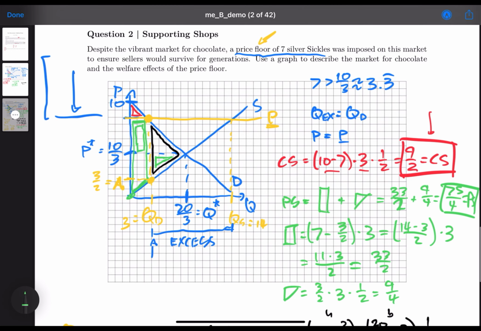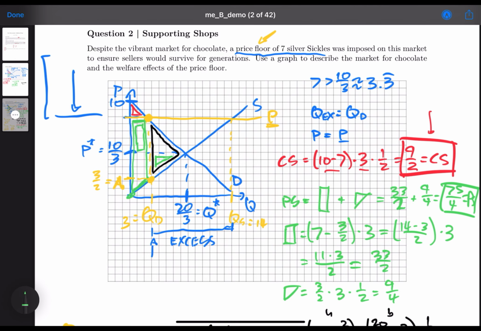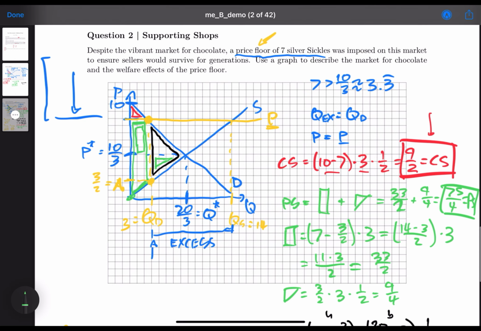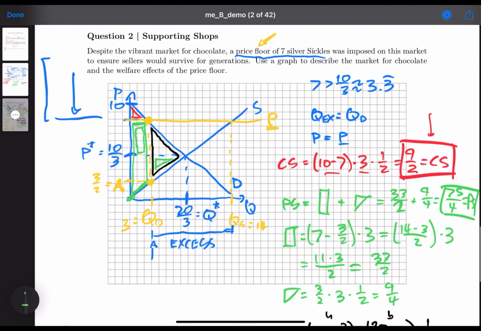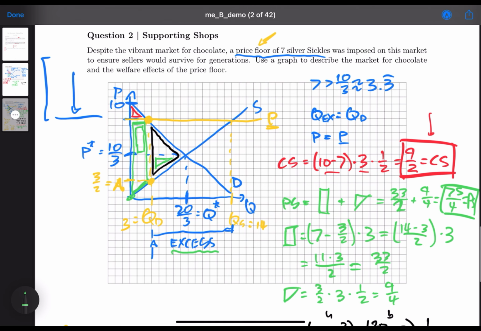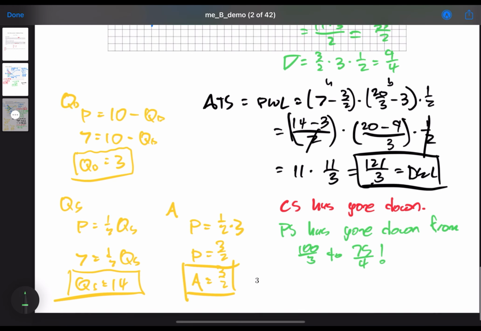But what this policy has actually done, even though the price that sellers are receiving is higher than it was before, is that they're actually receiving a smaller total surplus, or a smaller producer surplus. So each item they're selling is sort of a better deal for sellers. But because they're not able to sell as much, because this excess is created, they've lost some of their producer surplus.